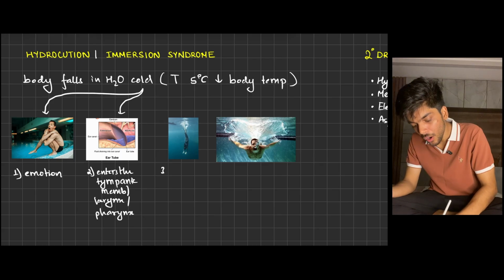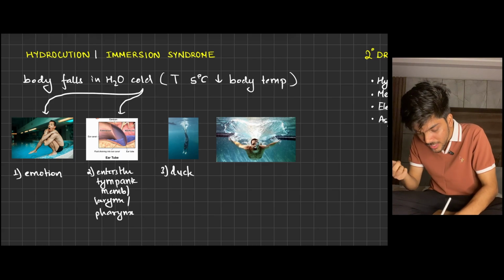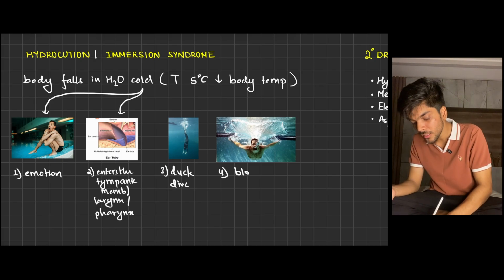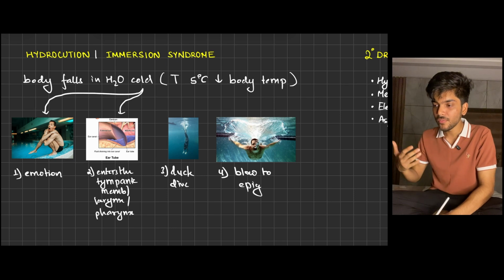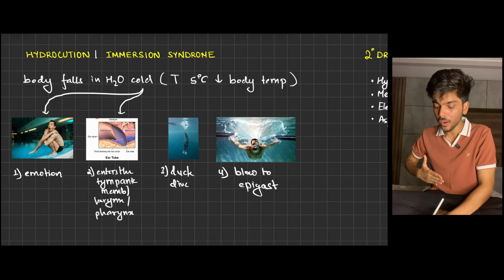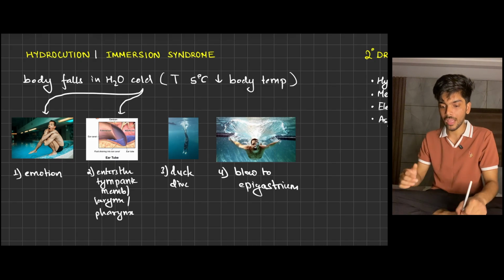Or in case of duck diving, where you dive head first into the water, or when there is a sudden blow to the epigastrium, that is when you dive chest and belly first into the water, there is a blow of cold water on your epigastrium.